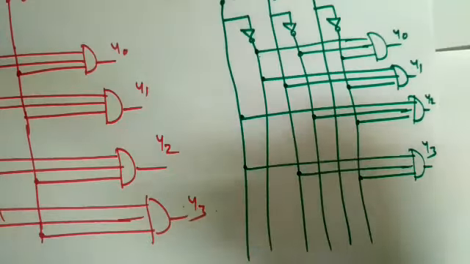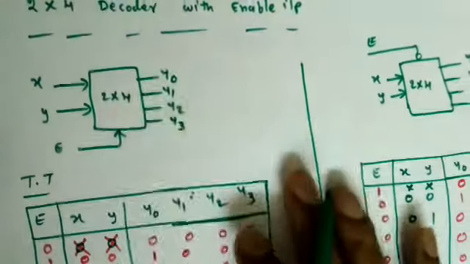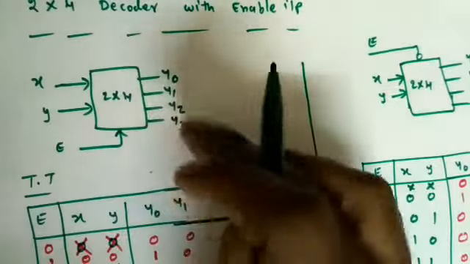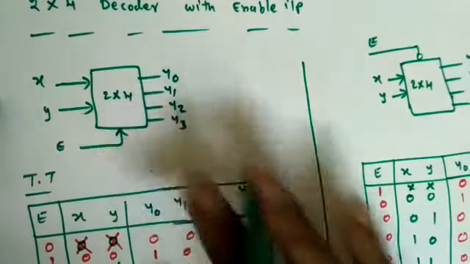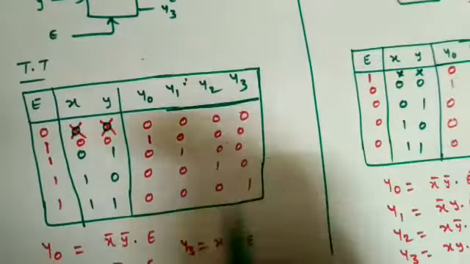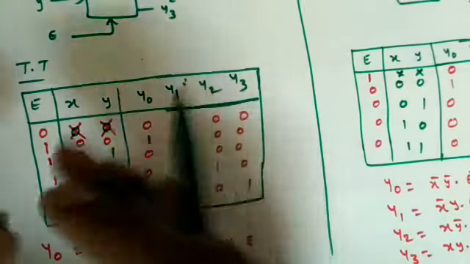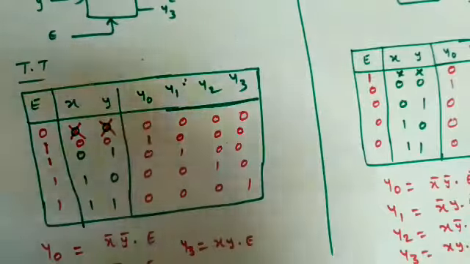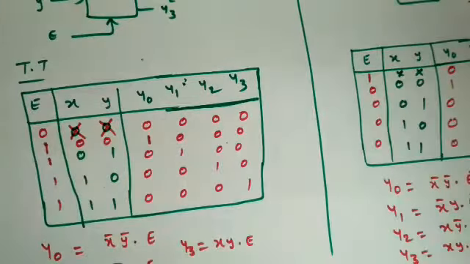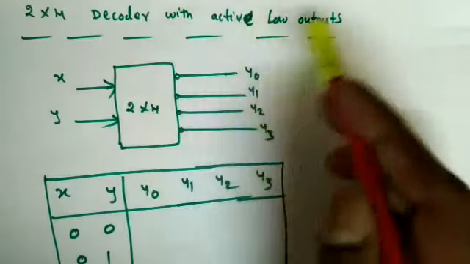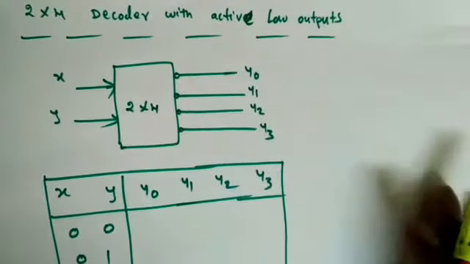Next we will see the same. So I will go for 1. So we will take it as active low outputs. If you have seen this truth table, we are taking the 1 for representing. Now we will take the opposite case. Now we will see the 2x4 decoder with active low outputs. So what are active low outputs?